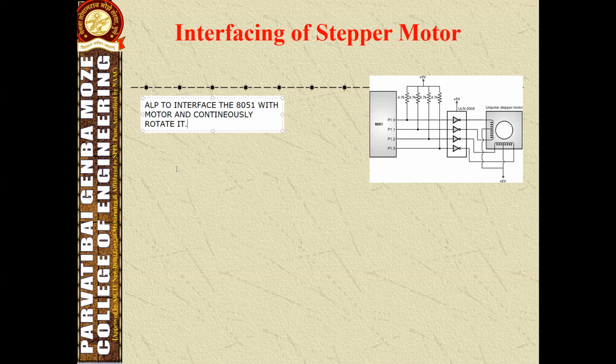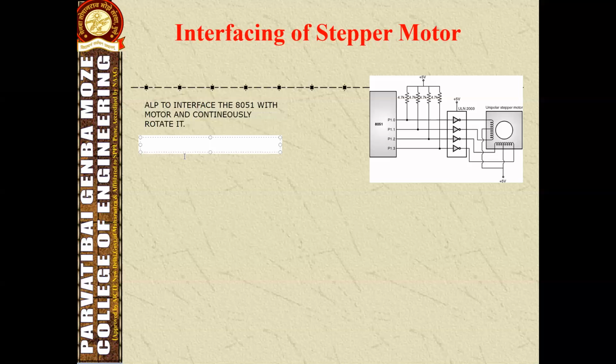So let's first see how to interface the motor to the 8051. The figure in the slide shows the 8051 connected to the stepper motor, and the four leads for the stator winding are controlled by port 1, bits P1.0 to P1.3. The 8051 does not have sufficient current to drive the stepper motor windings.